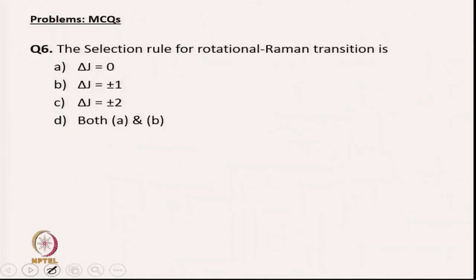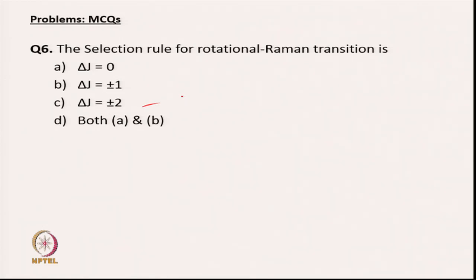Now, next question is, what is the selection rule for rotational Raman transition? The options given are delta J is equal to 0, delta J is equal to plus minus 1, delta J is equal to plus minus 2, and D is both A and B. So, the answer is delta J is equal to plus minus 2.